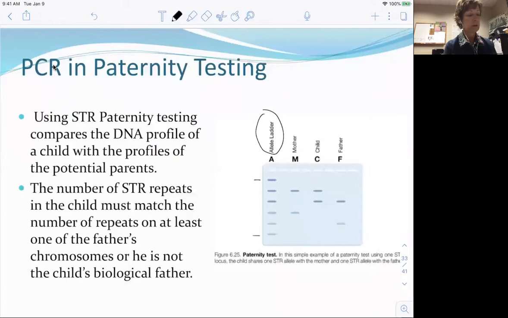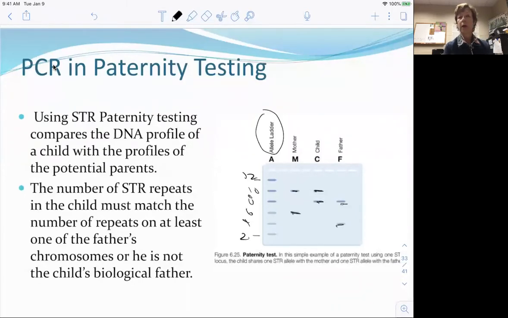So we'll just call this 2, 4, 6, 8, 10, and 12 repeats. So this represents a ladder of potential alleles. And so mom here carries an allele for number 10 and number 6, and dad carries 10 and 8. And the child carries 10 and 8.